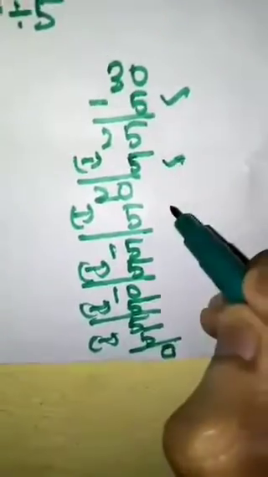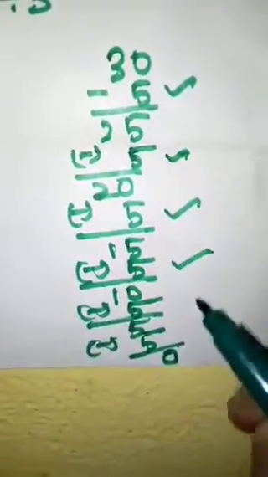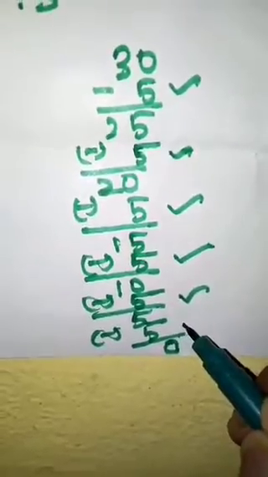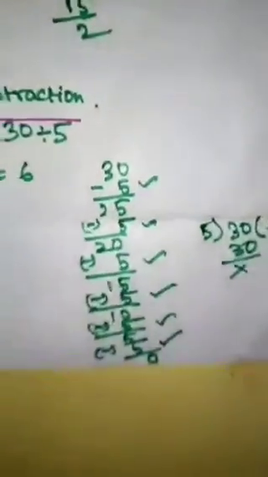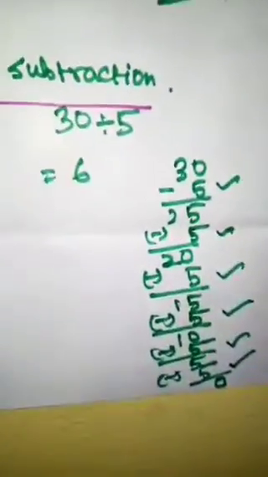So how many times have we subtracted 5 over here? Once, twice, thrice, 4 times, 5 times, 6 times. So it gives you 6. In the normal course of division, you would have also got 6. So you can see that division means repeated subtraction.